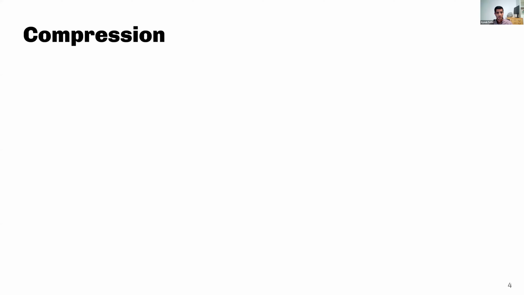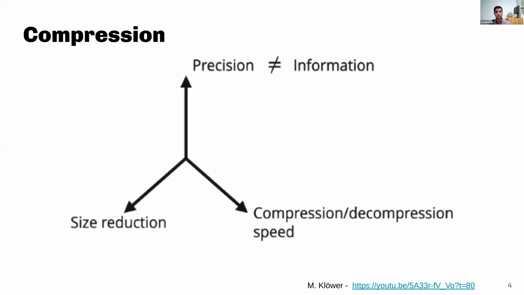Data compression, also known as source coding or bit rate reduction, relates to encoding information using fewer bits than the original representation. It offers several advantages, including saving storage space, reducing bandwidth requirements, and improving overall system performance. Data compression involves a trade-off between precision, size, and compression speeds.